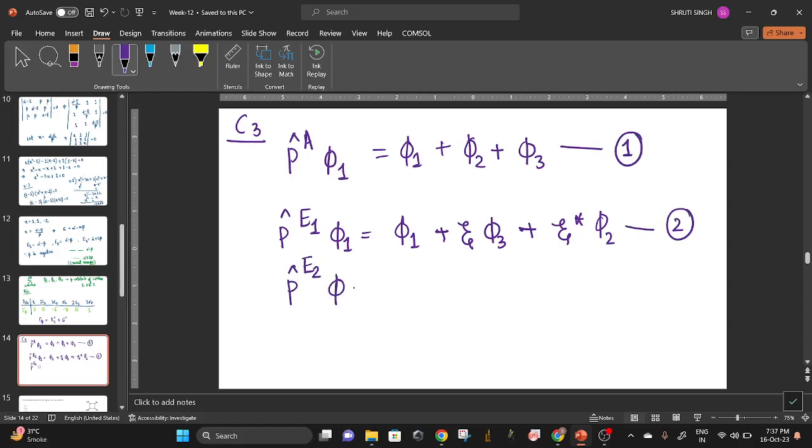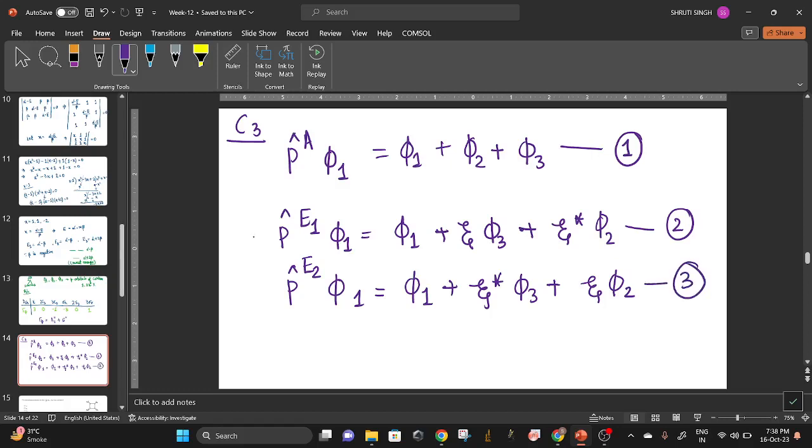The other E symmetry, when we apply it on phi 1, we get phi 1 plus epsilon star phi 3 plus epsilon phi 2. This we name equation 3.